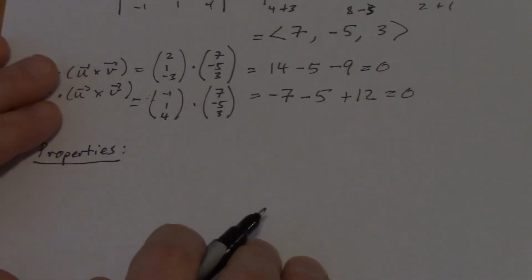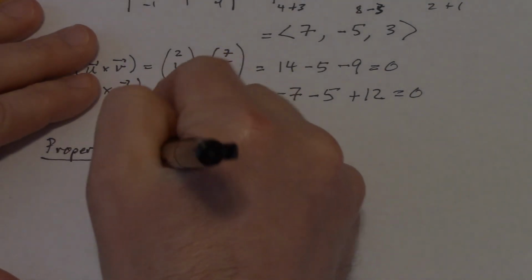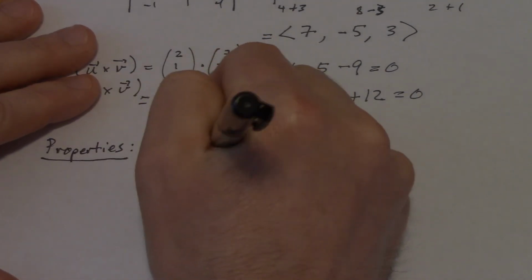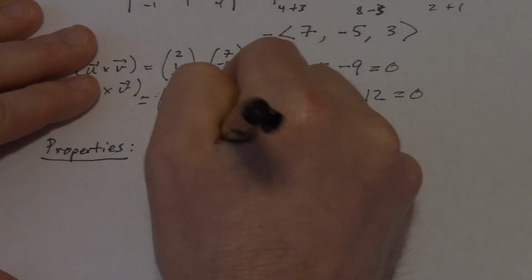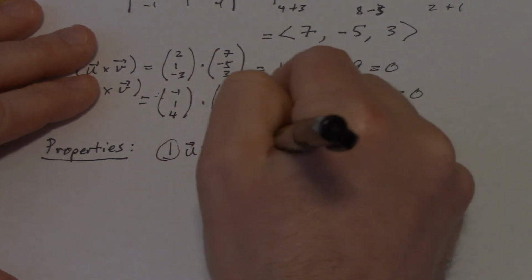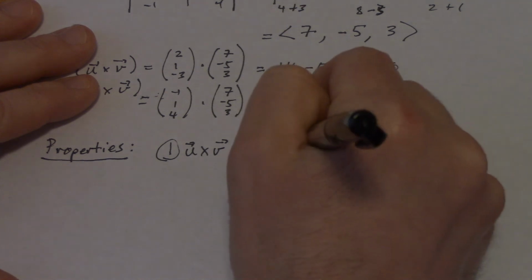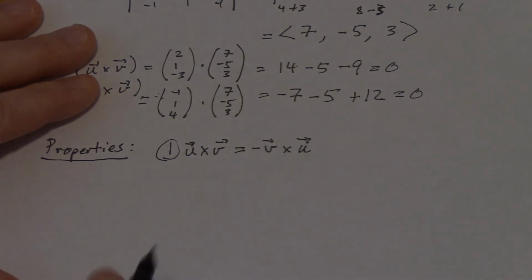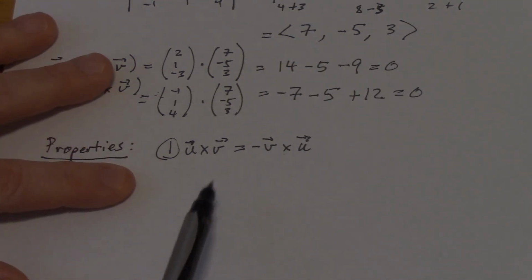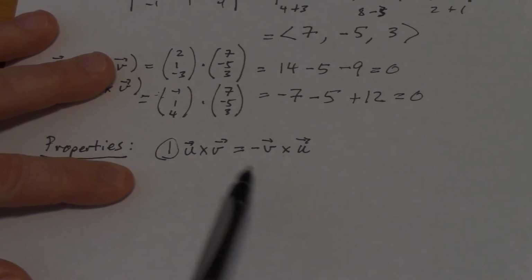So that means, number one, that u cross v is not v cross u, it's minus v cross u. Okay, and there's a name for a property like that. So when you have something that does that, that's called anti-commutative.